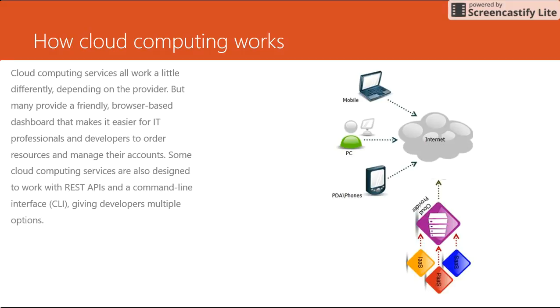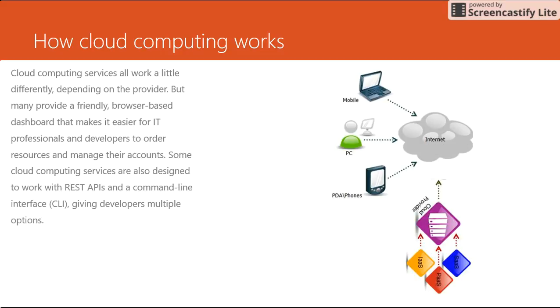So what I'm saying is, cloud computing services all work a little differently depending on the provider, but many providers offer a friendly browser-based dashboard that makes it easy for IT professionals and developers to order resources and manage their accounts.